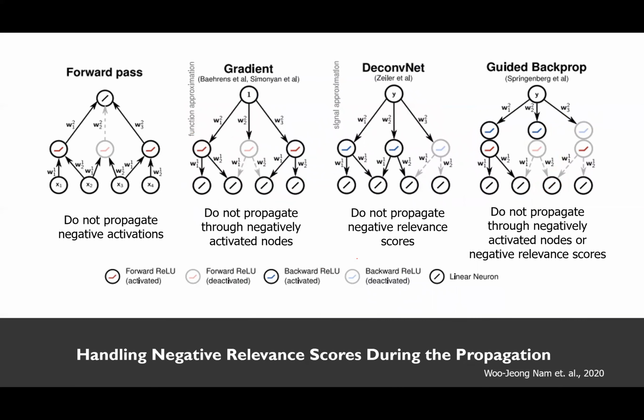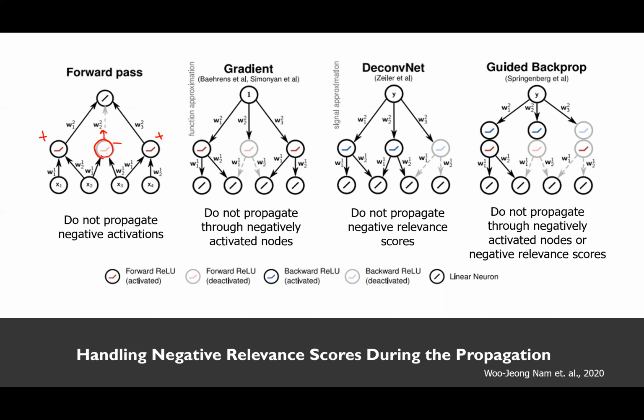To solve this issue, many methods have been proposed. This is the positive forward pass, and this is plus, plus, minus. When we use ReLU, this minus is suppressed, so the path's value does not go through the node.